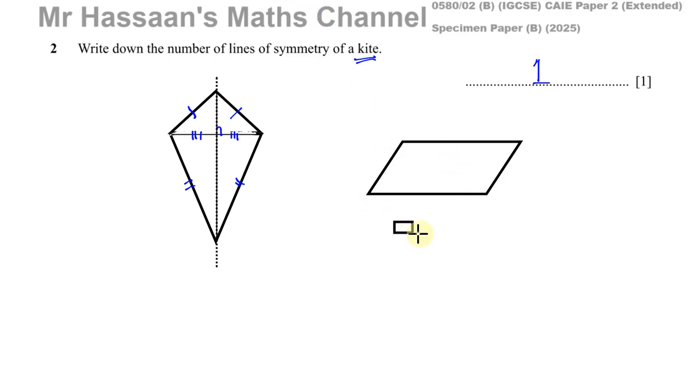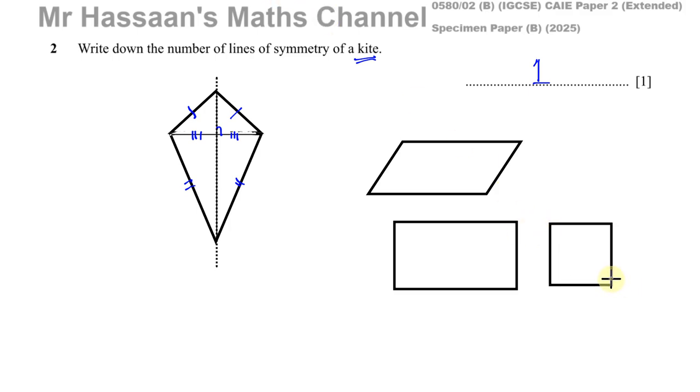And here we have a rectangle. It's a type of parallelogram. The opposite sides are equal in length and parallel. All the angles are 90 degrees, and the diagonals are equal in length. They bisect each other, they cut each other in half. Then you have a square, which is a special type of rectangle, where all the lengths are the same.